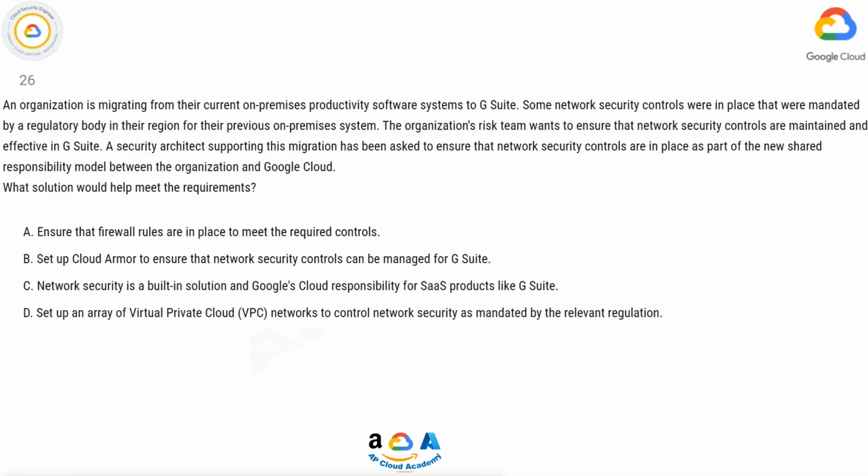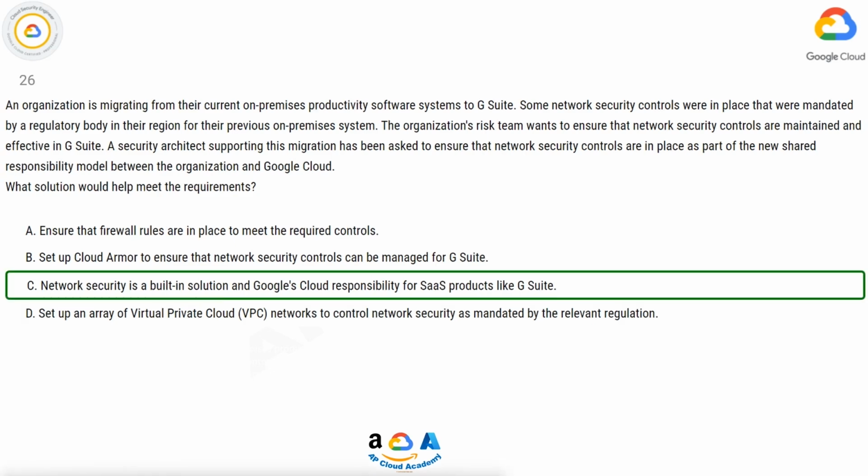What solution would help meet the requirements? A. Ensure that firewall rules are in place to meet the required controls. B. Set up Cloud Armor to ensure that network security controls can be managed for G Suite. C. Network security is a built-in solution in Google's cloud responsibility for SaaS products like G Suite. D. Set up an array of virtual private cloud, VPC, networks to control network security as mandated by the relevant regulation. Correct answer, C.